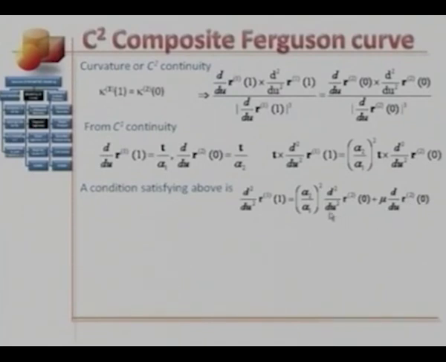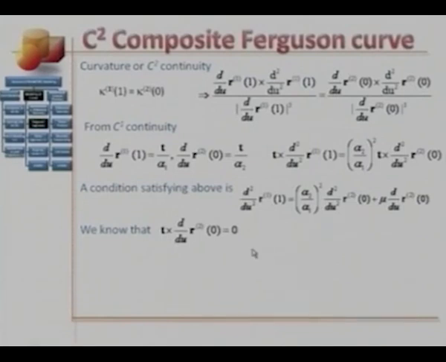Why would this condition satisfy this expression here? Let's see. We would know that t crossed with the first derivative of the second segment at u equals 0 will be 0. This is because the direction of the unit tangent will be the same for the first segment and the second segment at the common junction point.